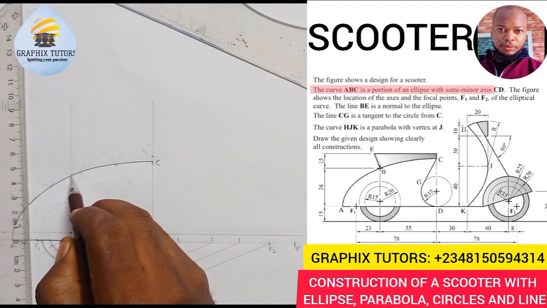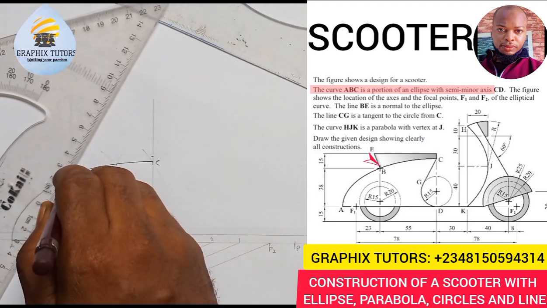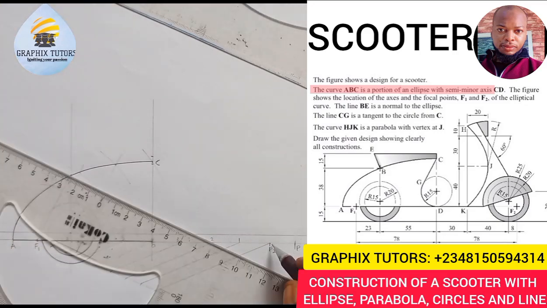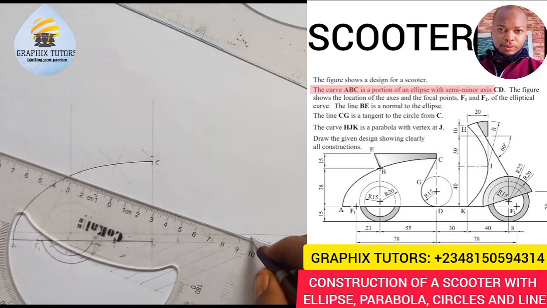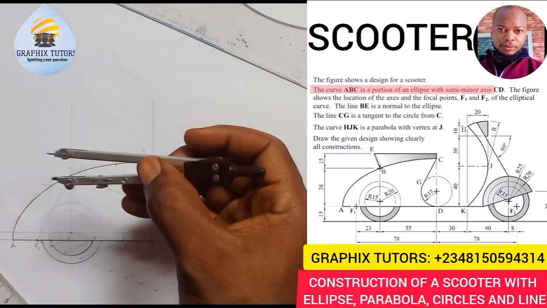At this point, you're going to draw your line. So you can just connect from here to F1, and you connect from F2 to that same point, like this. Can you see that? Hope you can see what I'm doing, and you bisect.